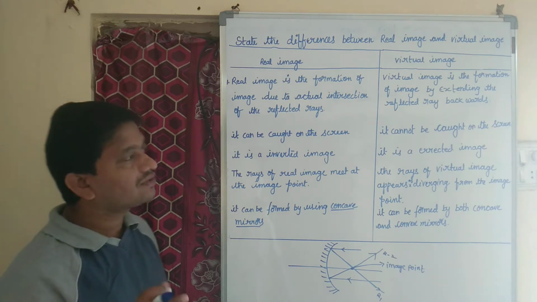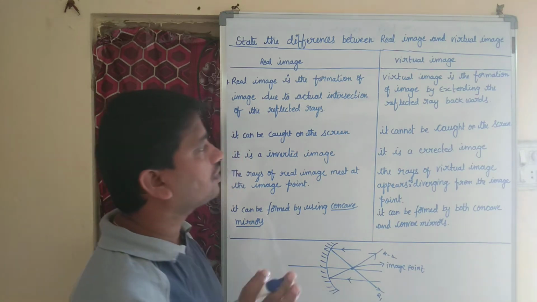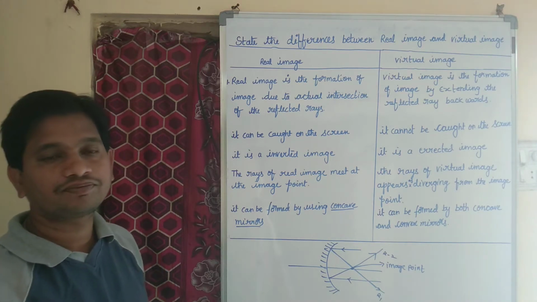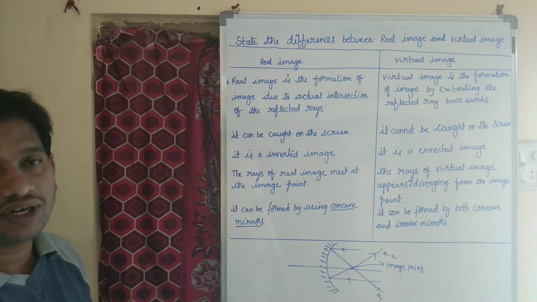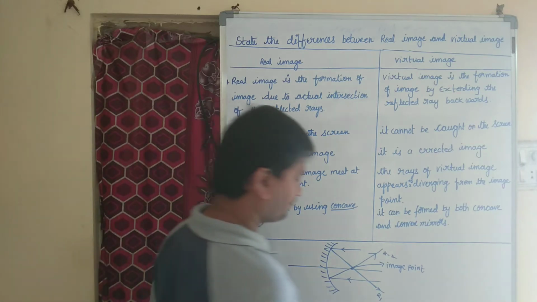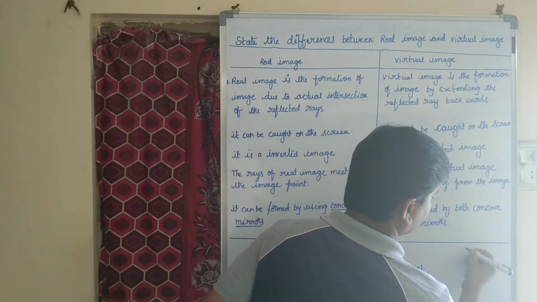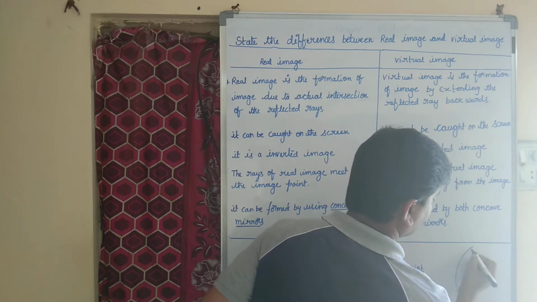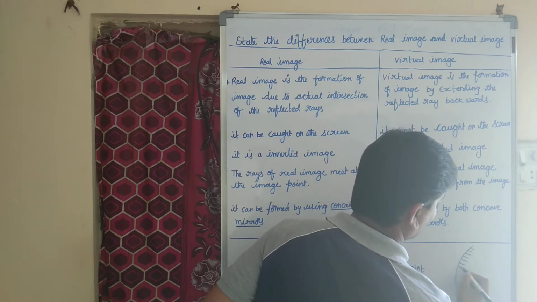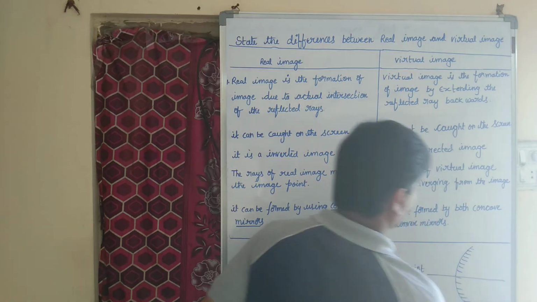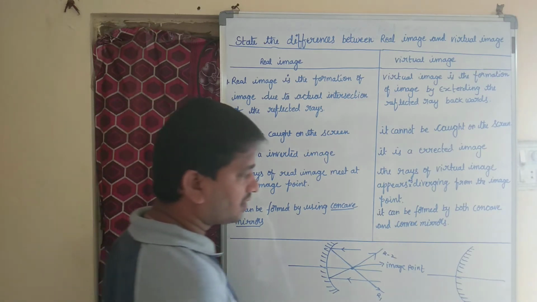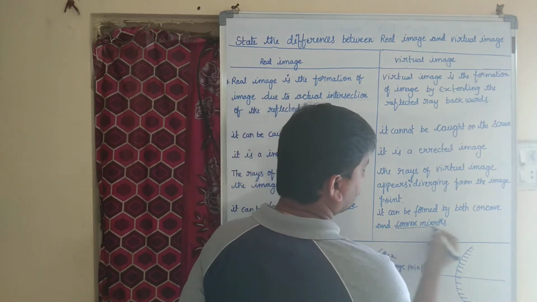But whereas virtual image is the formation of image by extending the reflected rays backwards. So this is our convex mirror.